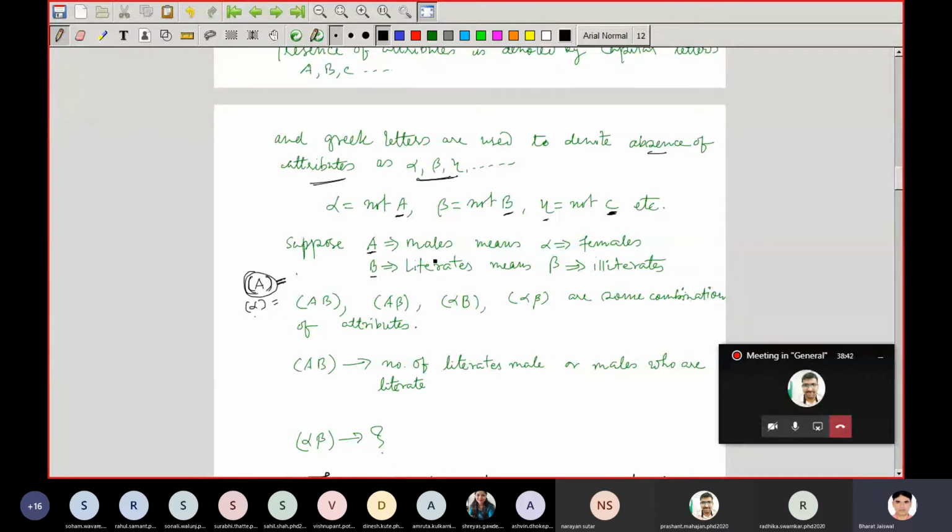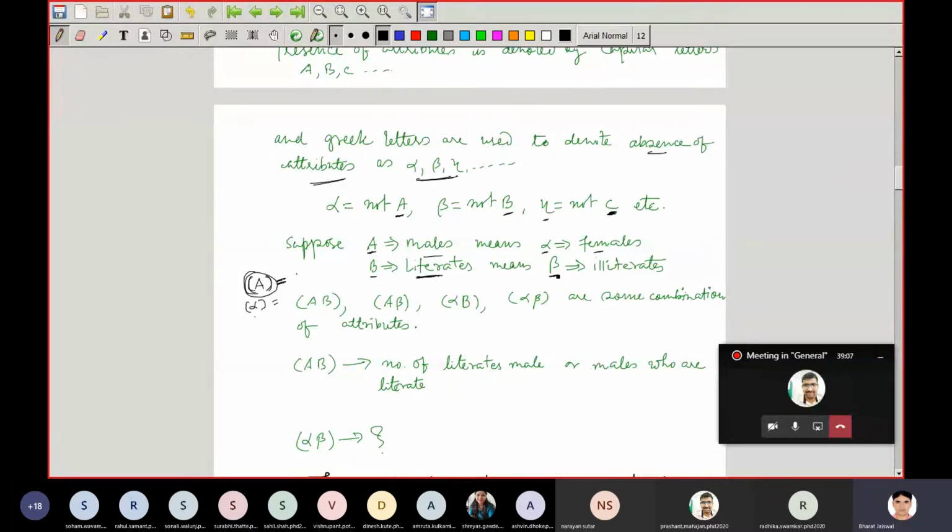You can see here, suppose A means male, so its opposite alpha will denote those who are not male, that is female. Suppose B is the attribute literate, so its opposite, that is absence, would be illiterate, and that will be denoted by the Greek letter. So I think you are getting what I want to say.